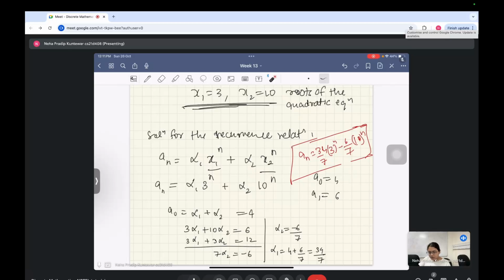We will not do an example of that kind right now, but this is the crux of the solution. And in order to find the values of alpha 1 and alpha 2, we use the initial conditions that were given to us, and by simply solving the equations we found the values of alpha 1 and alpha 2 and plugged them into the equation.